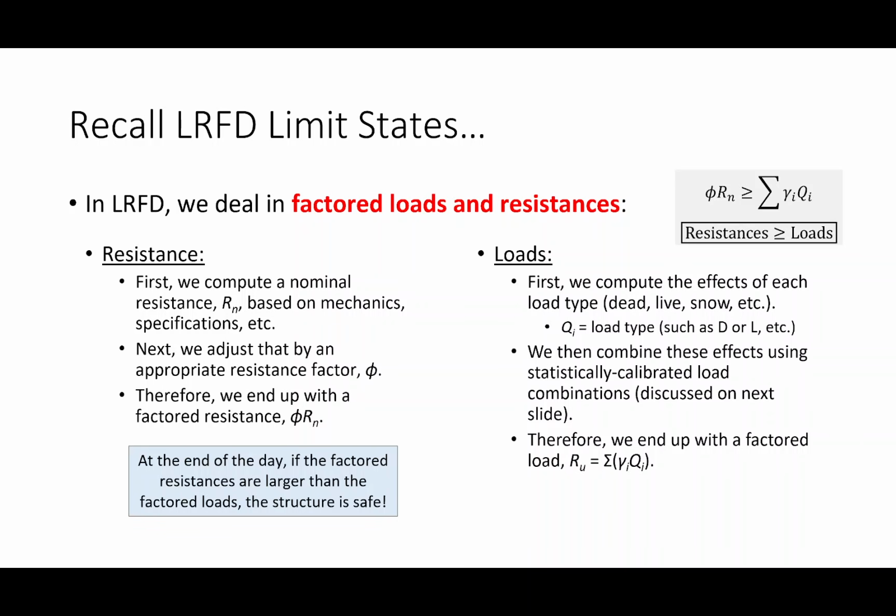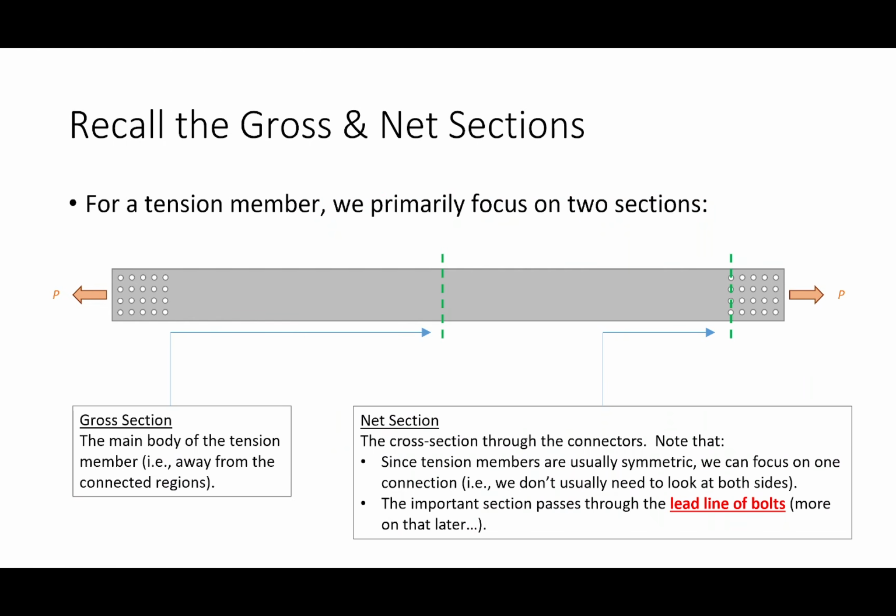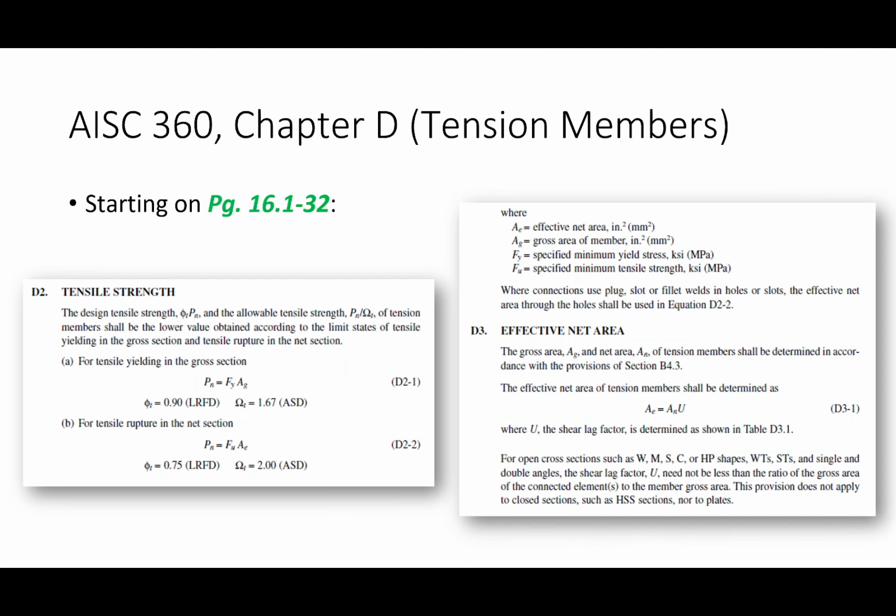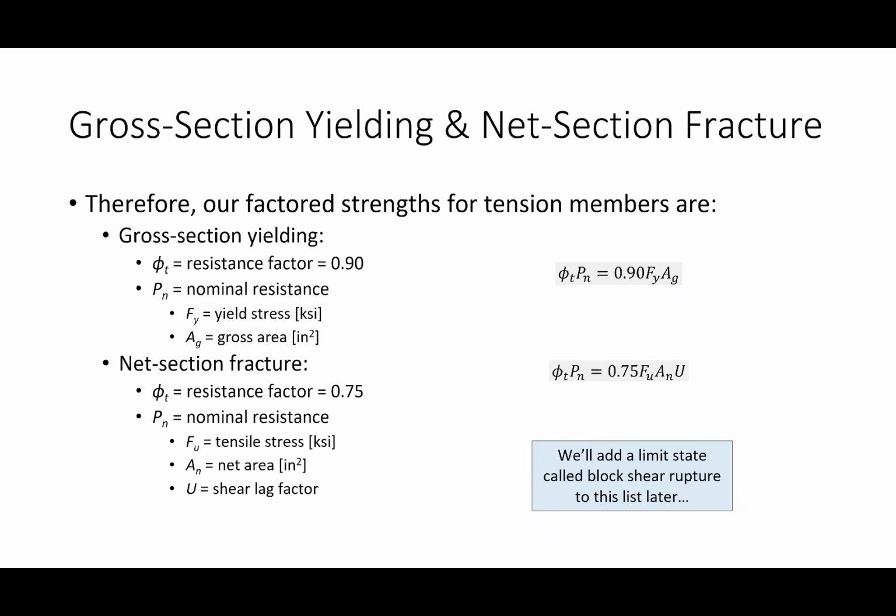The resistance is what we've indirectly been spending the last few lectures on, determining how strong the member is. In terms of the factored resistance, we evaluate several limit states and take whichever capacity governs. For right now, we've been focusing on two limit states related to capacity in the gross section and the net section. We can define a capacity of gross section yielding and a capacity of net section fracture, and we ultimately get equations like this.